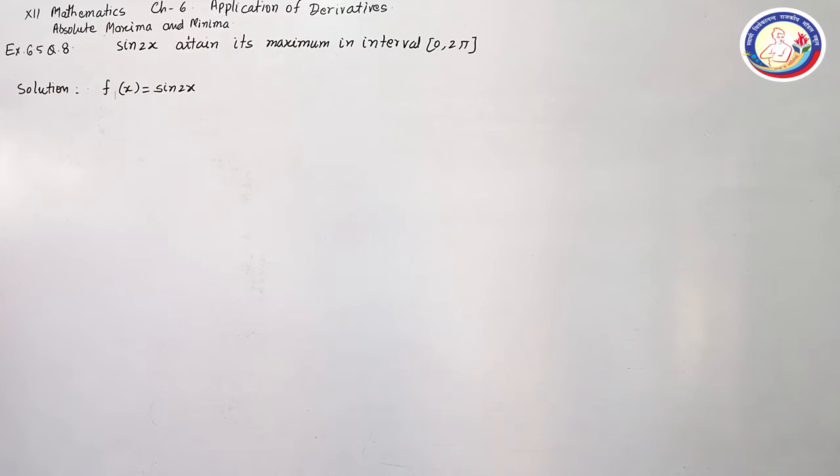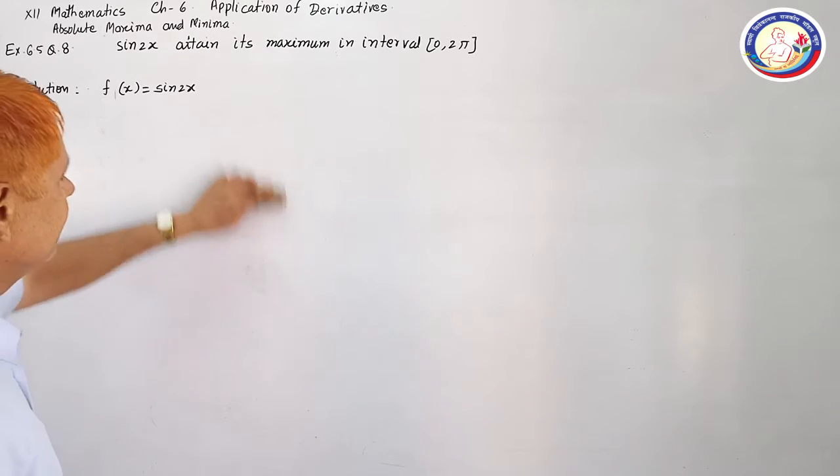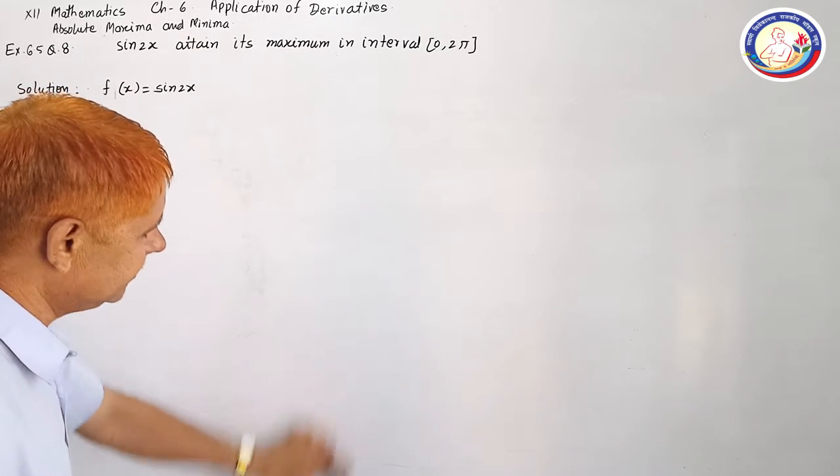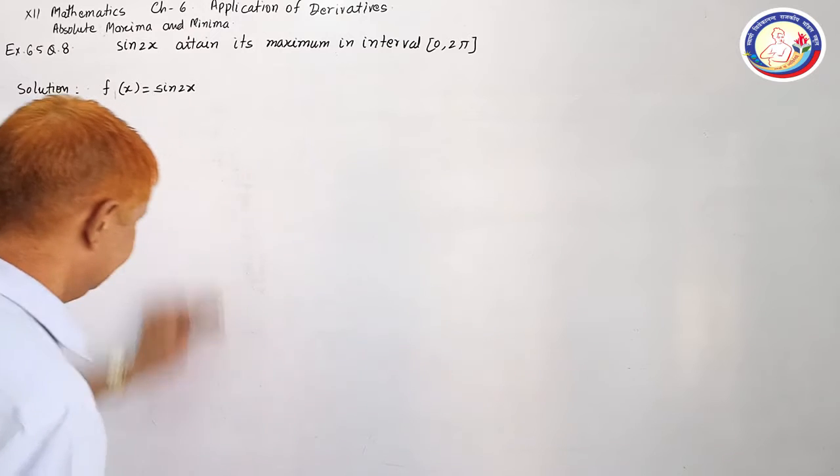Now we take a trigonometrical function, sine 2x. We have to find the maximum value of this function sine 2x in the interval 0 to 2 pi. As usual, we will choose first of all the derivative test, the second derivative test.